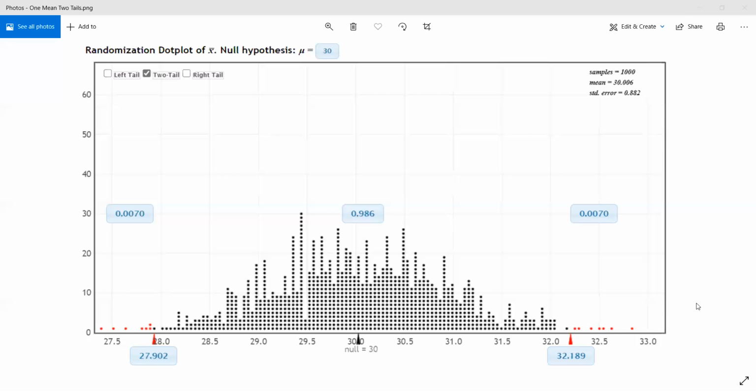But you're still right, because 0.014 is bigger than 0.01. Be careful with adding these numbers, because 0.007 plus 0.007 is 0.014, not 0.14.